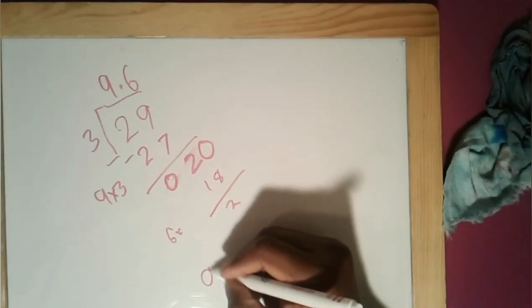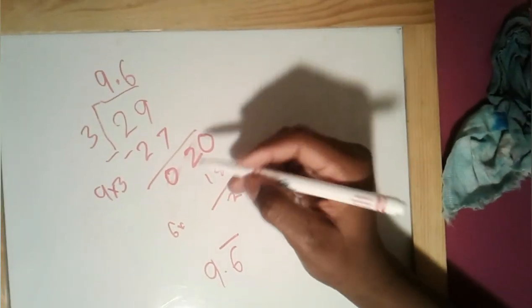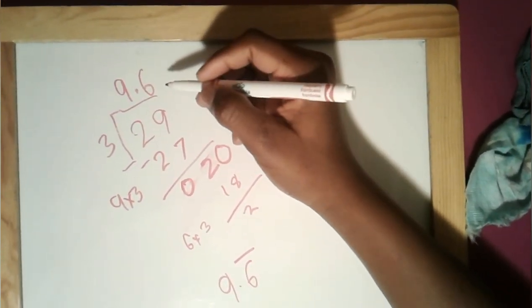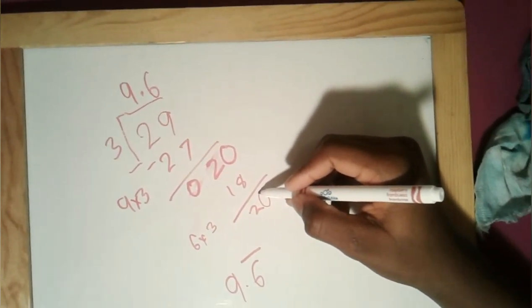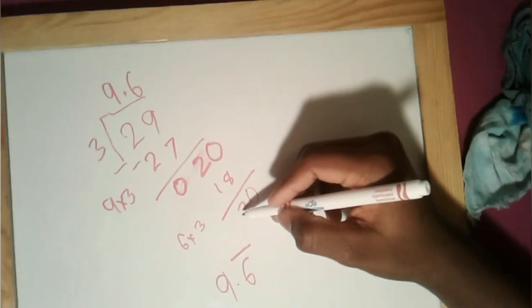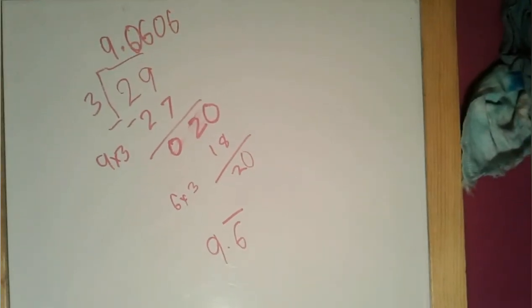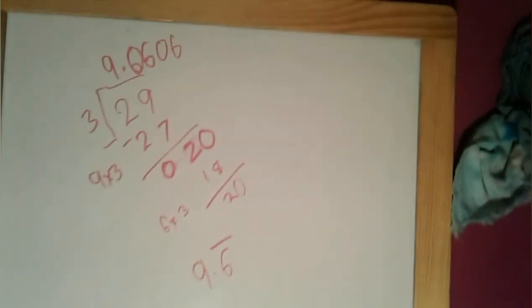So the answer will be 9.6 continuously, because I did the math, and it's 18, remainder 2 again, you put a 0, and it will be 6 like that continuously. So the answer is 9.666 continuously.